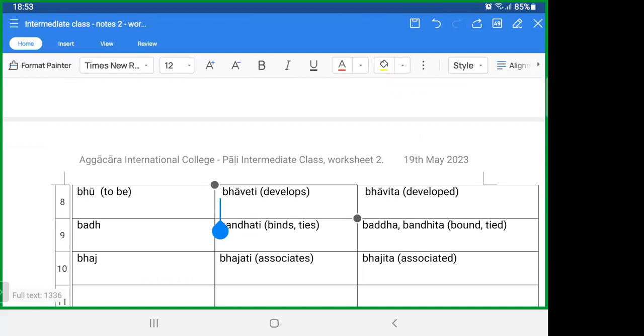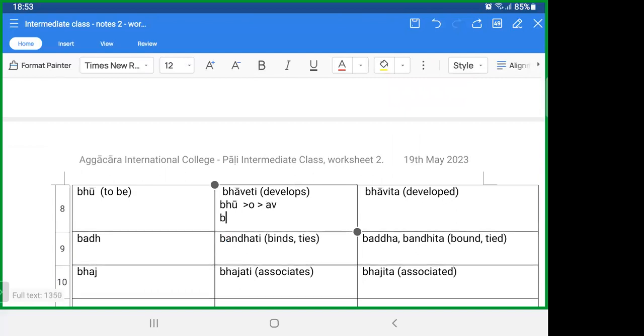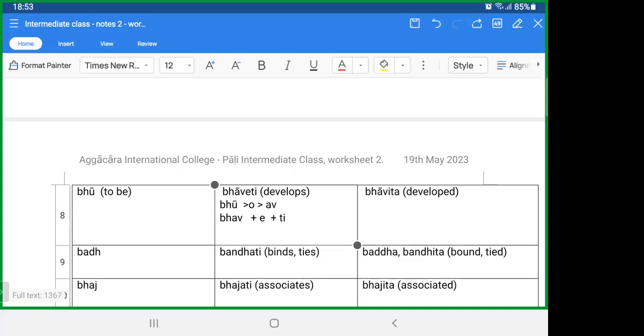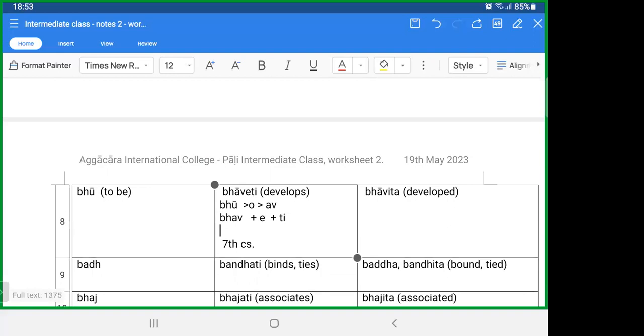So you got the bhū, and then the U can change to O, change to V, AV. Then you have the BHAV. Then you need to plus the A and then T, all right? But because of the influence of A, which we call the seventh conjugation group, this short A becomes long A.